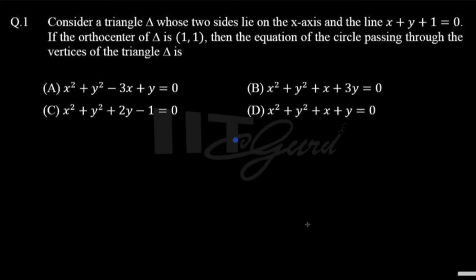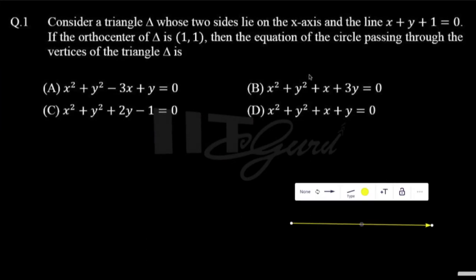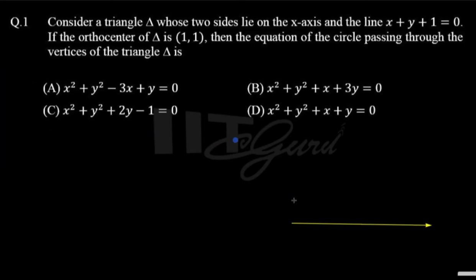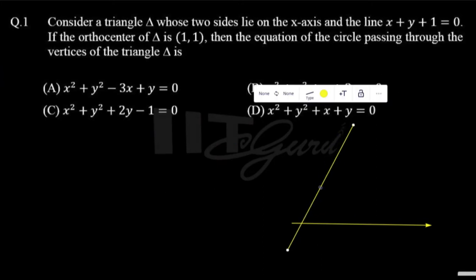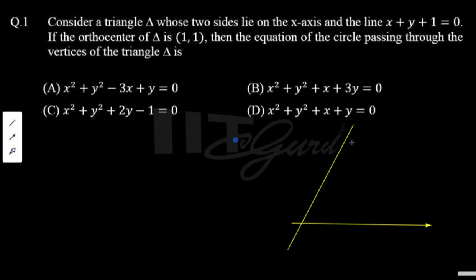First of all, let me draw the x-axis, and one of the sides lies on this x-axis. Let another side be x plus y plus 1 equal to 0, and let the third side be somehow like this one.